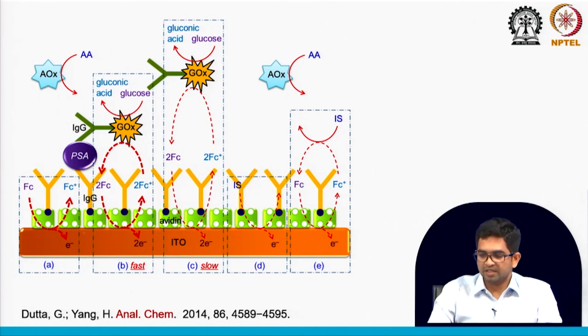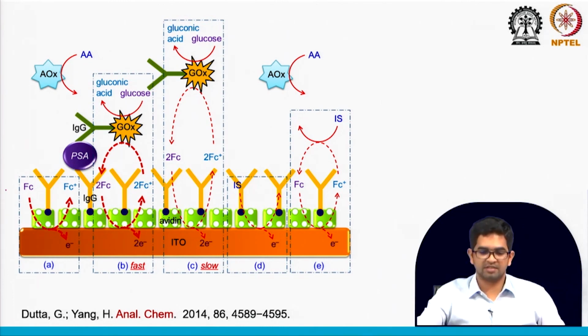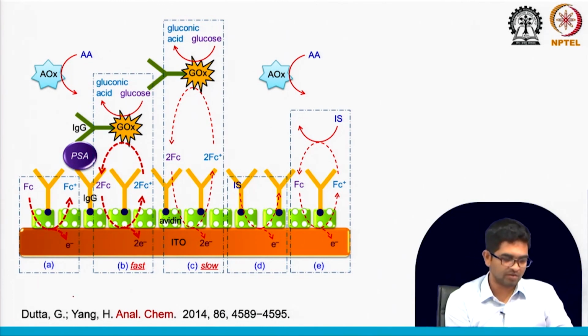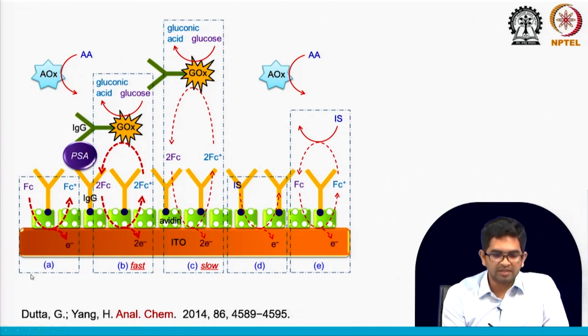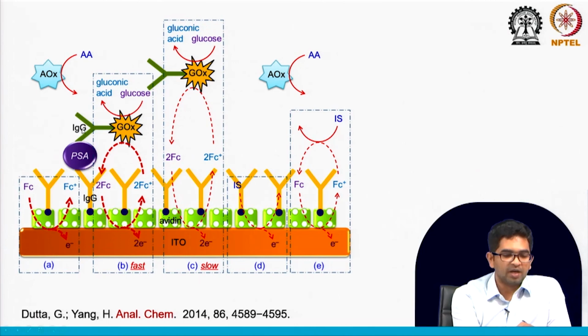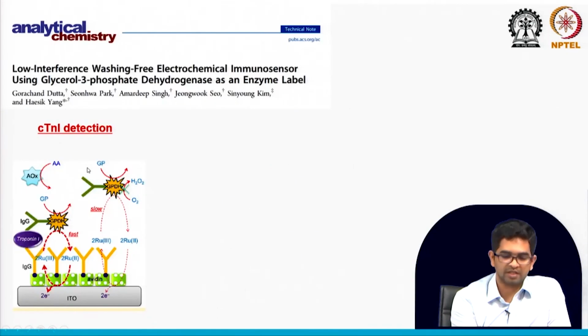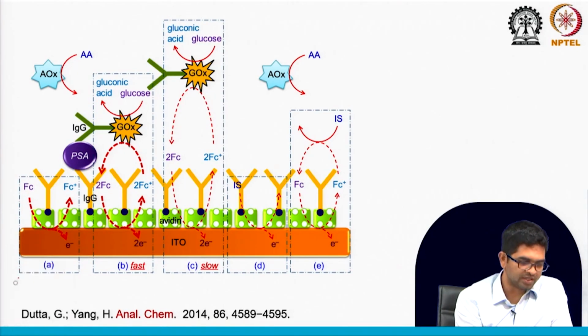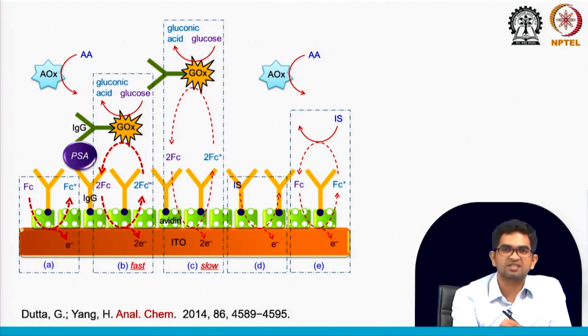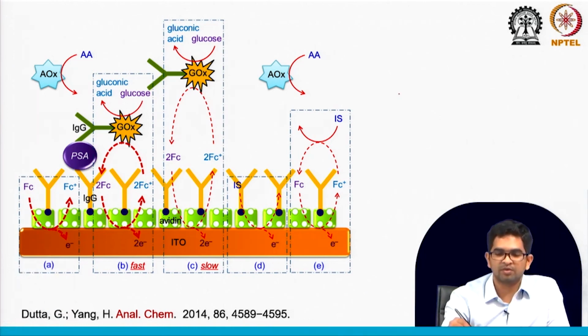Here you can understand the story of the wash-free sensor. This biosensor is based on an enzyme, and if the target is very close to the surface, then you will get a fast electron transfer rate because of close proximity.